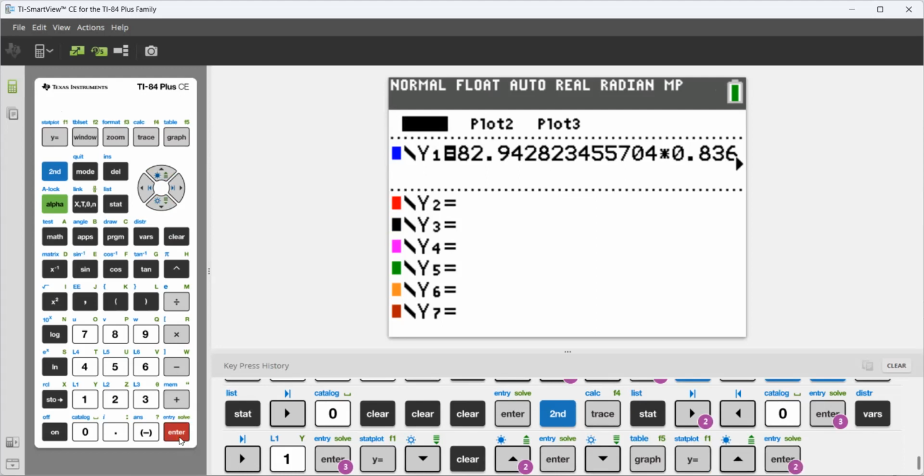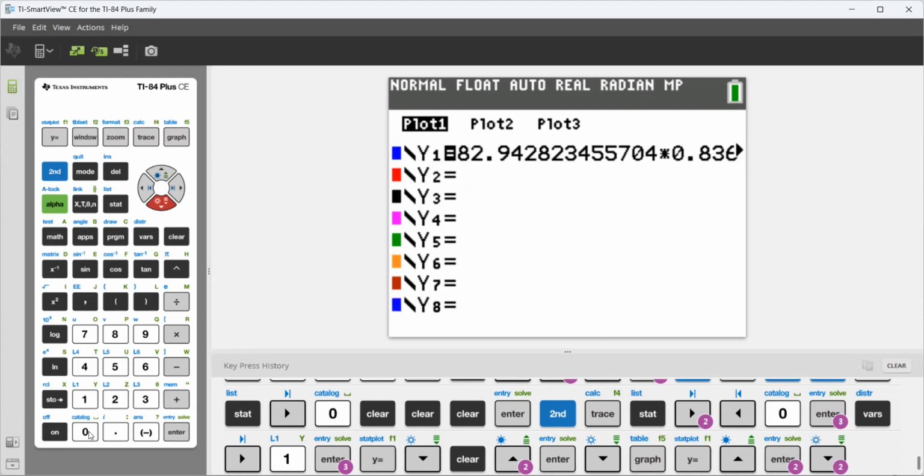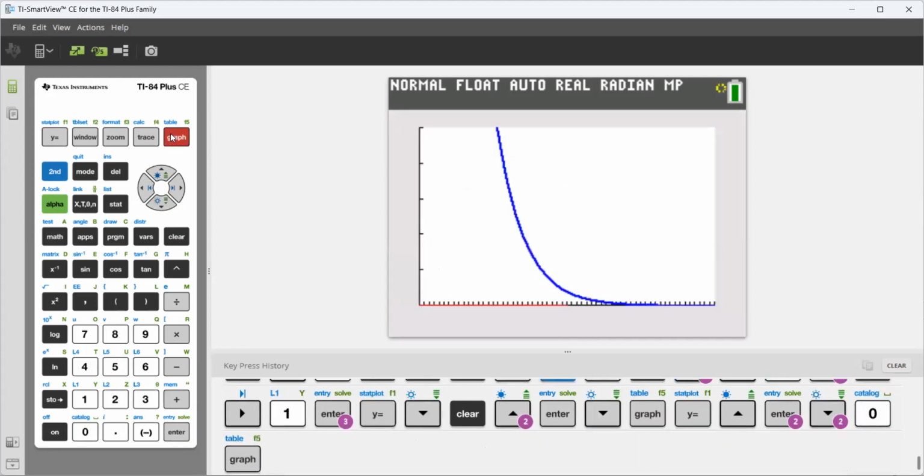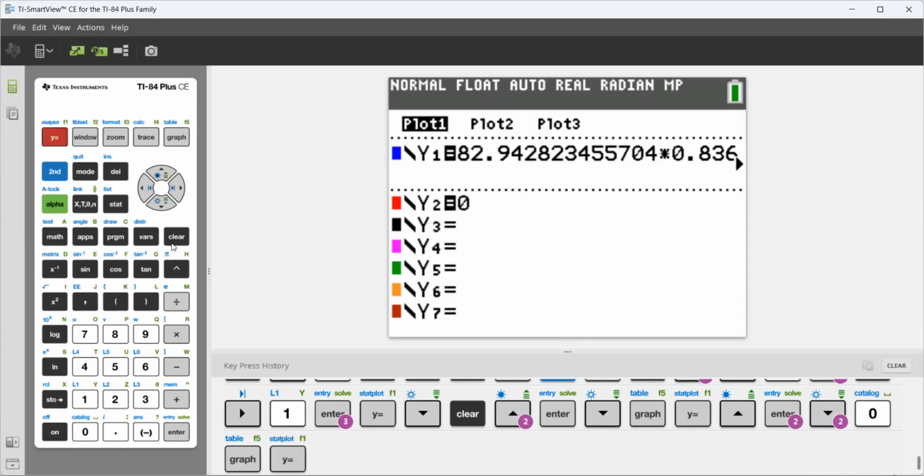Plot 1, down. And then we could do 0 here. Go to graph. Still don't have it. See what is wrong with it. Oops. So you go to start again.